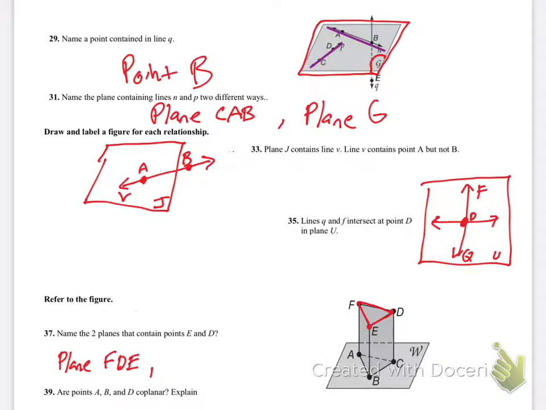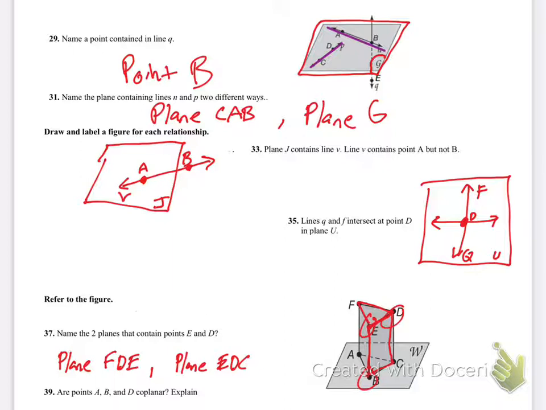And then also, this plane right here contains both E and D. So I could just say EDC. I could also do BED. That would also be acceptable. So just remember there's several lines there.